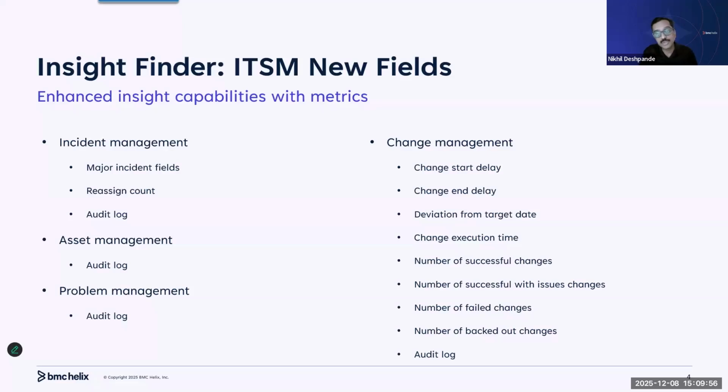We also help you generate metrics on the number of successful changes, number of failed changes, and so on. So this will help your users generate dashboards involving metrics and these newer capabilities in ITSM.